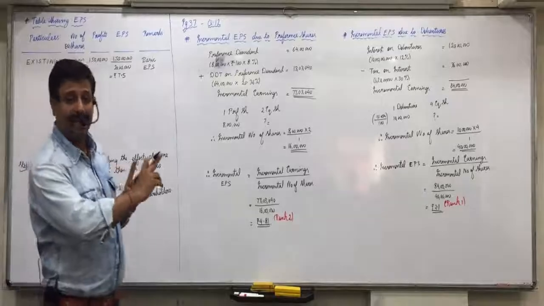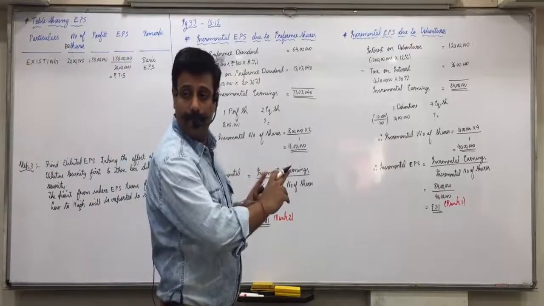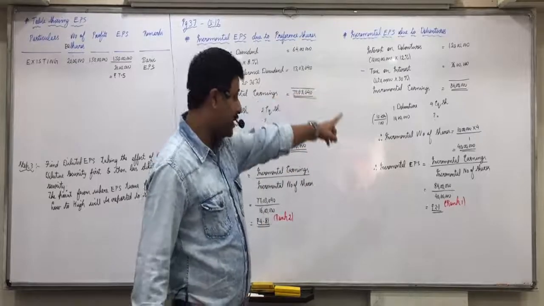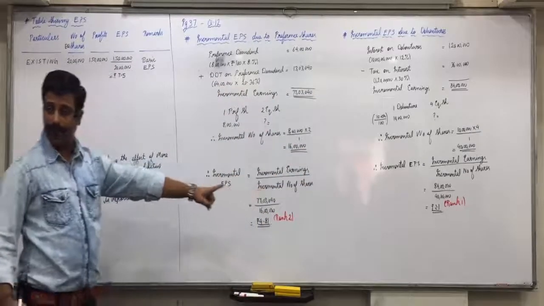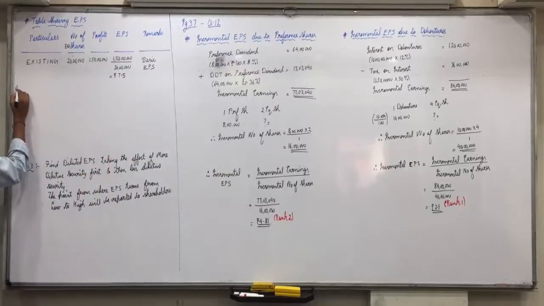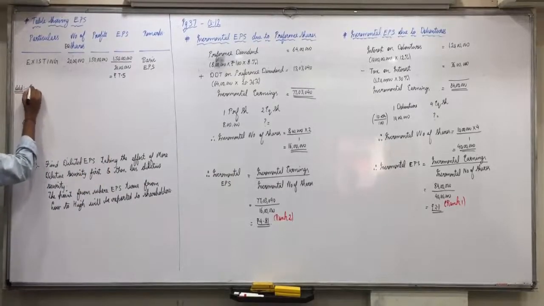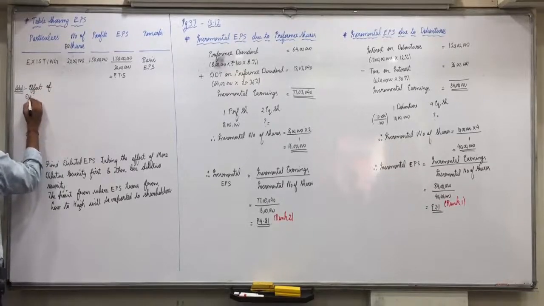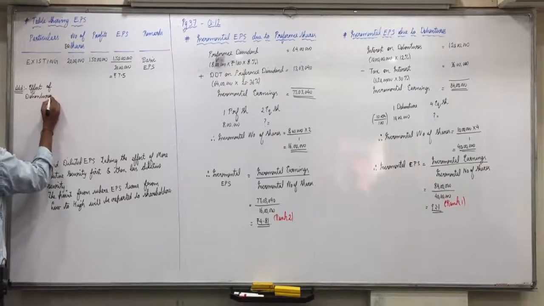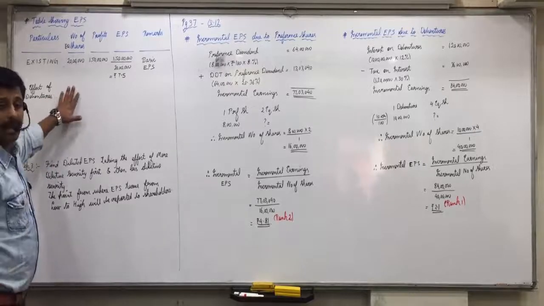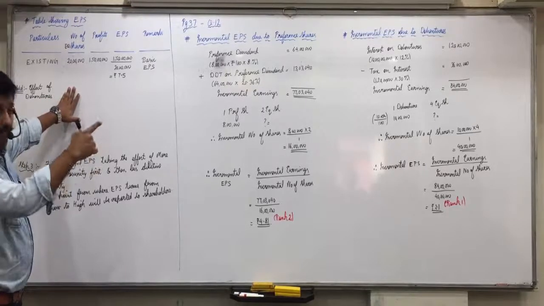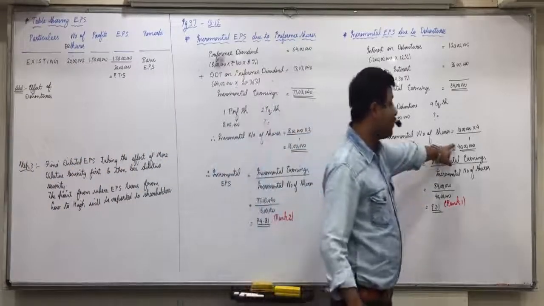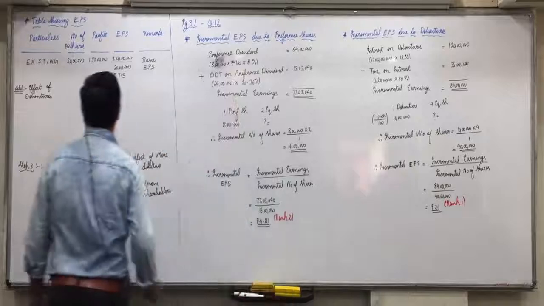Which security's effect is to be added first? Debentures, that is ranked as 1, that is more dilutive. So first we will add the effect of debentures. What are the incremental number of shares due to debentures? 40 lakhs.